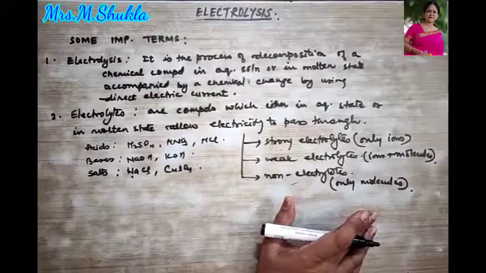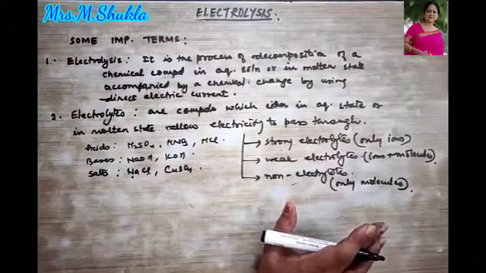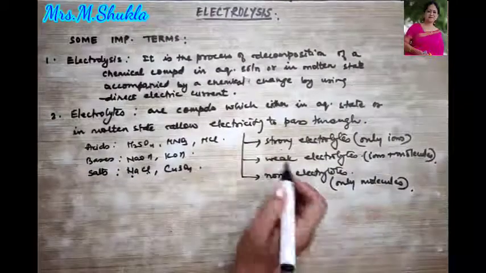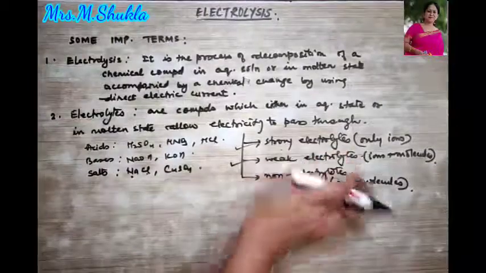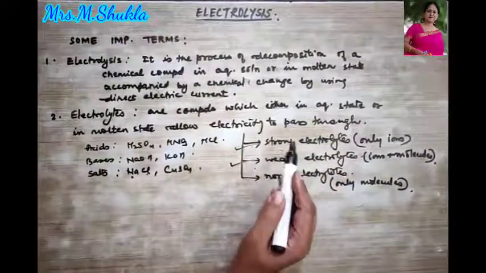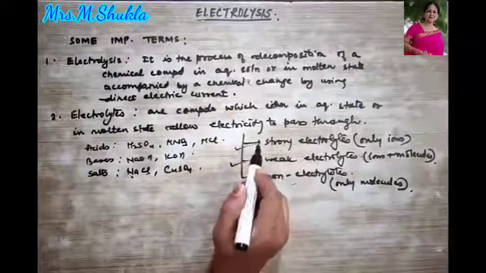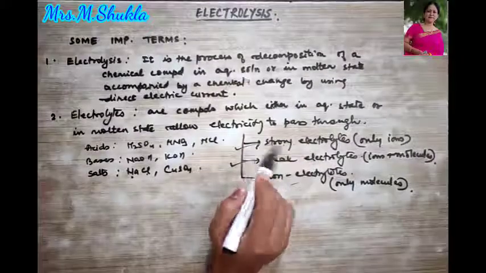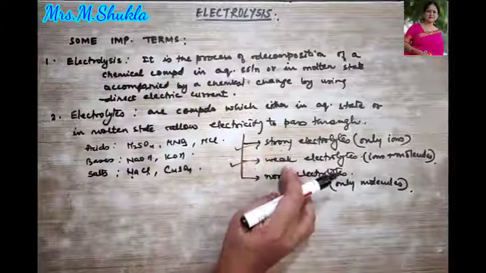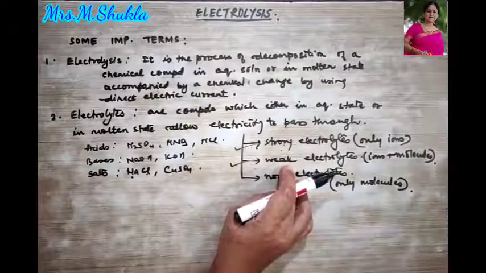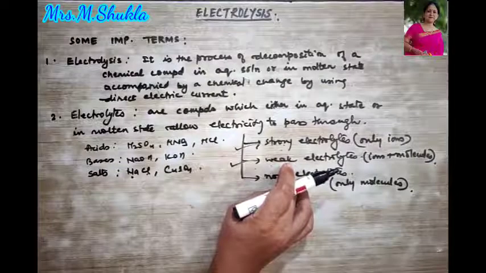Okay, now let us differentiate between strong electrolyte and weak electrolyte. Non-electrolytes are separate. Strong electrolytes allow a large amount of electricity to flow through them, whereas weak electrolytes will allow less electricity to pass through them.